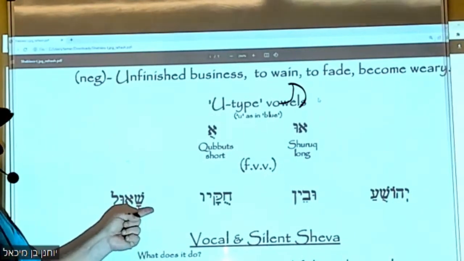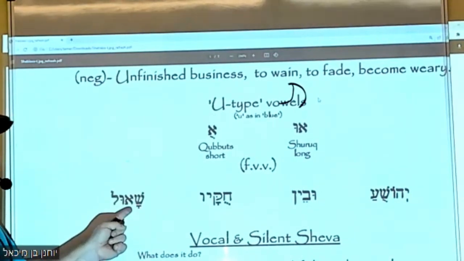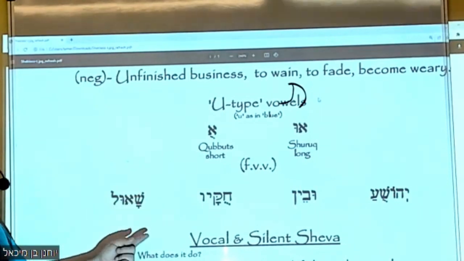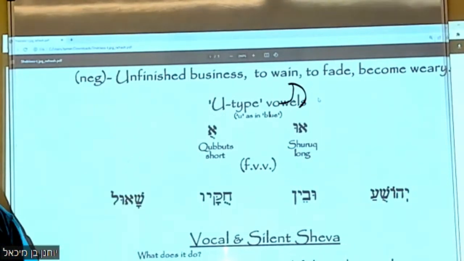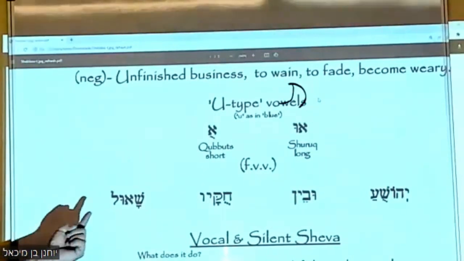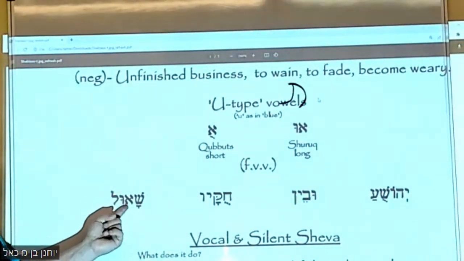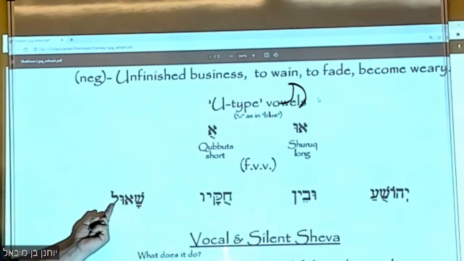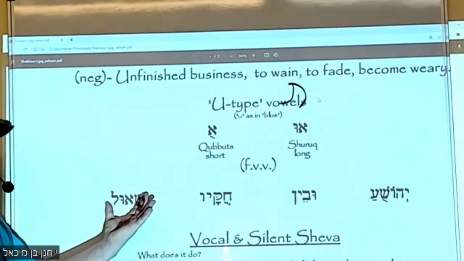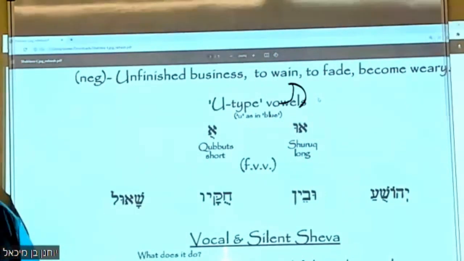So how do we sound out this first syllable? Sha. Now we have aleph. What kind of letter is that? Silent letter, right? But look what it's followed by. A wa pointed shuruk. And then it's finished by what? Lamed. So lamed is closing the syllable, right? So how do we pronounce this part of the word then? Ul.